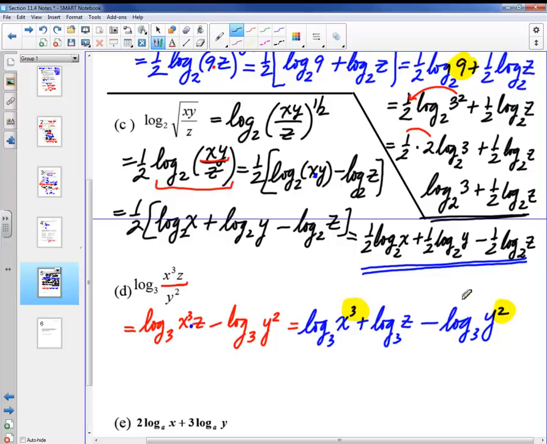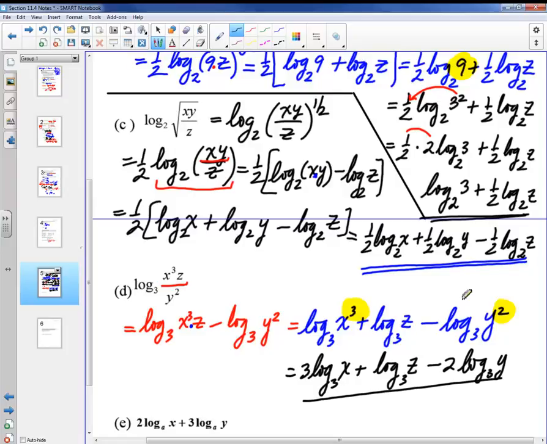So you have a 3 log base 3 of x plus log base 3 of z minus 2 log base 3 of y. And that will be your final answer.